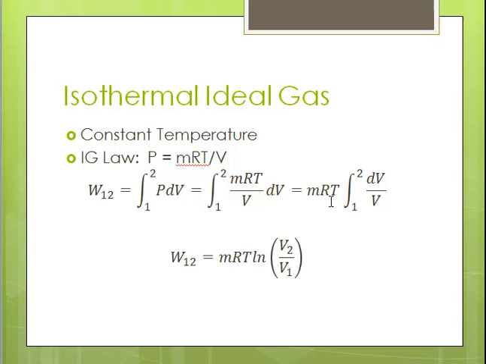And temperature, well, I said it was isothermal, so the temperature is constant. These all come out. Now I just have dV over V. That's the natural logarithm of volume. Natural log of state 2 minus the natural log at state 1 simplifies to be the natural log of the ratio of state 2 over state 1. And so for an ideal gas that's isothermal, I could use this expression to calculate the amount of the work.